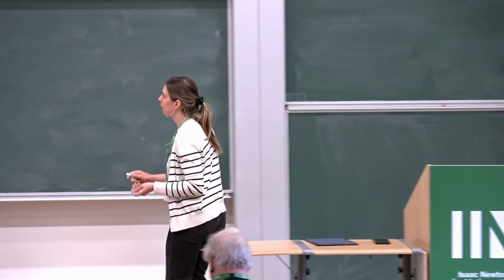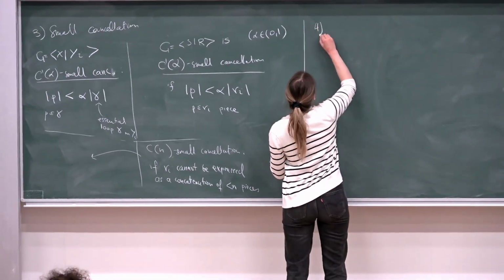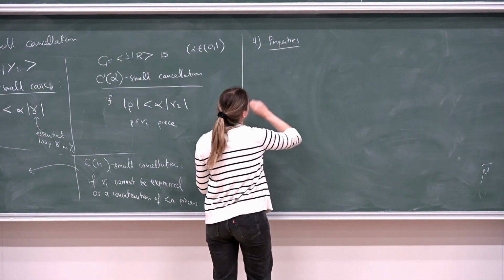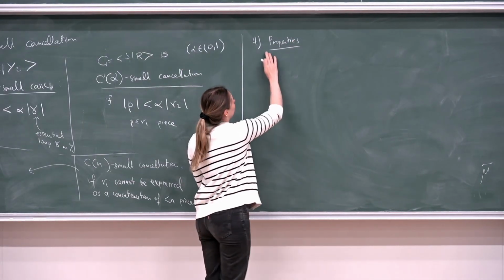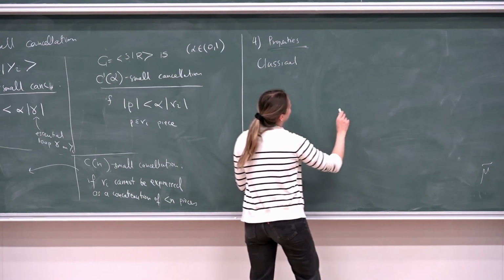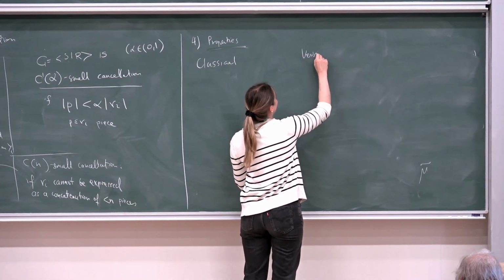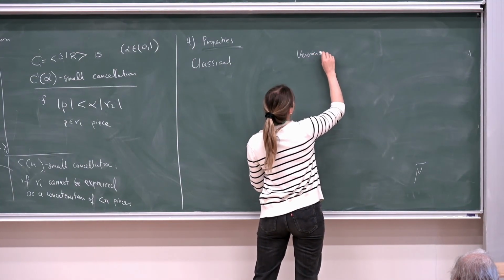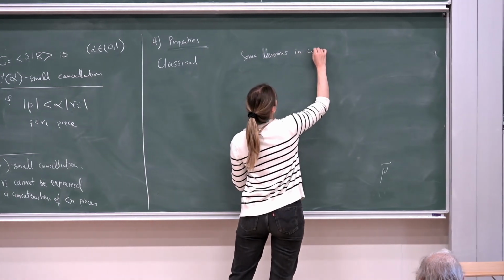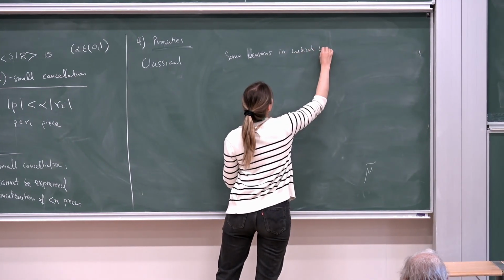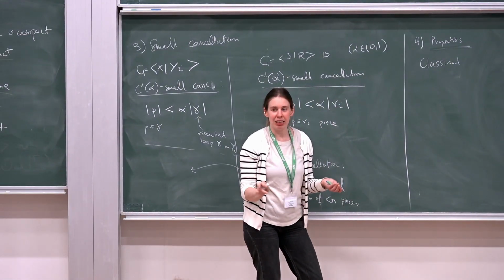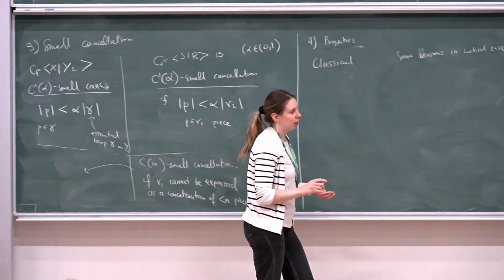Okay, so some properties. Maybe I'll move over and write classical here. I'm just going to indicate if there is a version, but I'm not going to state it very precisely.